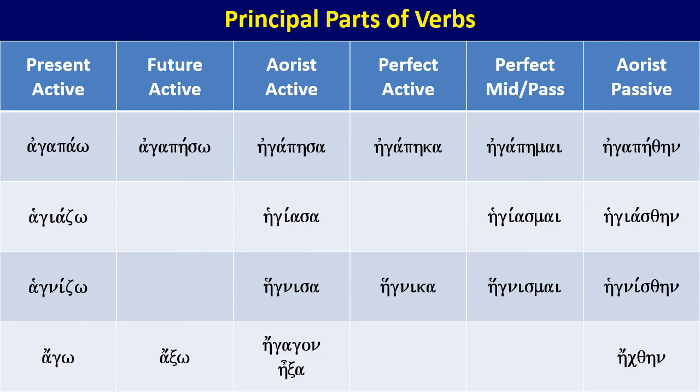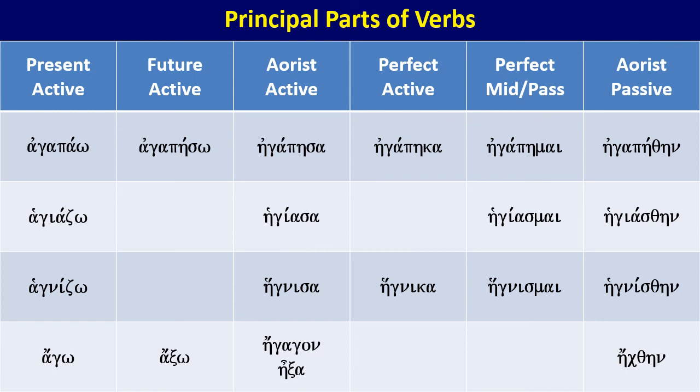What it does is help you identify a form that you may not be quite as familiar with. For example, usually students memorize the present active indicative first person singular lexical form of a verb. In this case, in the upper left corner under present active, you'll see agapao.